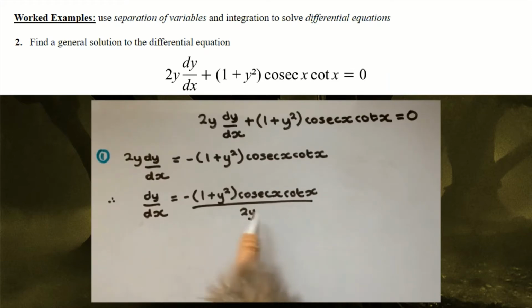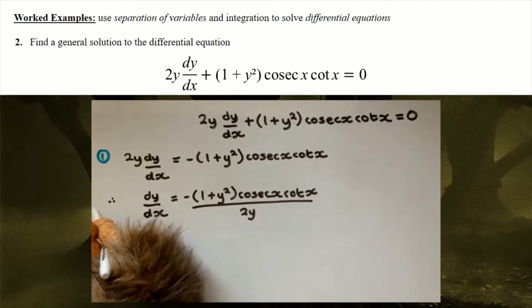I don't have to do that, but if I keep the dy where it is, to get all the y variable terms on the left, I'm going to have to put this 2y back. So that step was redundant, but this won't always be the case, of course. So stick to the process, especially when you're learning this, and then you'll just find it a little bit easier, I think. So let's put the 2y back and embark on step 2, which is to separate the variables.